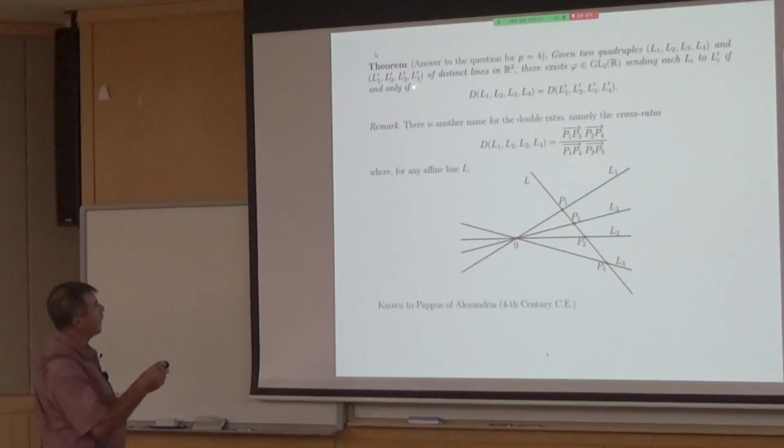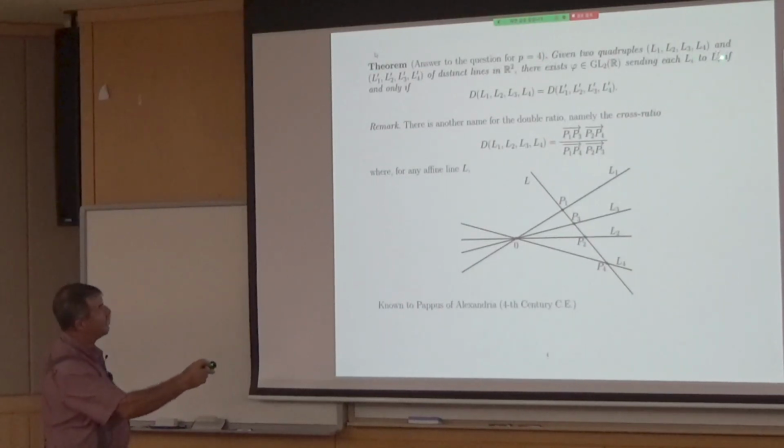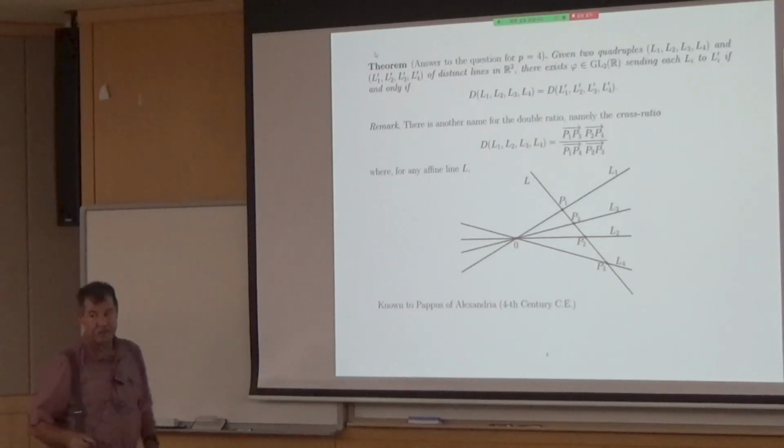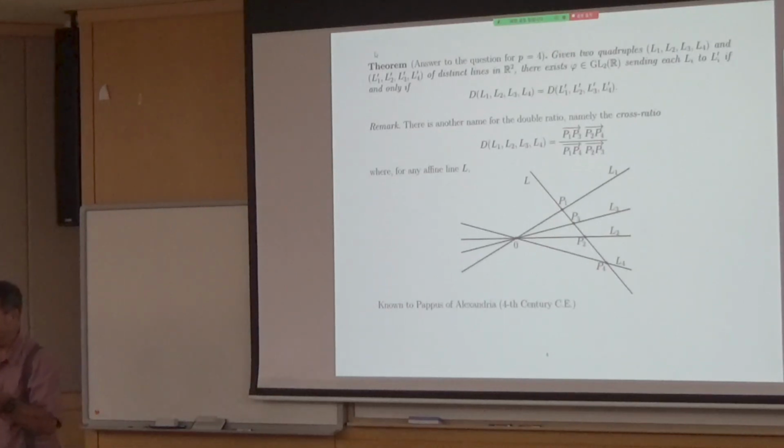Okay, and so we have this theorem, which is the answer to the question for P equal 4, namely, you take 2 quadruples of distinct lines in the plane. There exists a linear map sending the first family to the second family if and only if the double ratios are equal. So I just showed you only if, and then the if part is the same. You take the map.